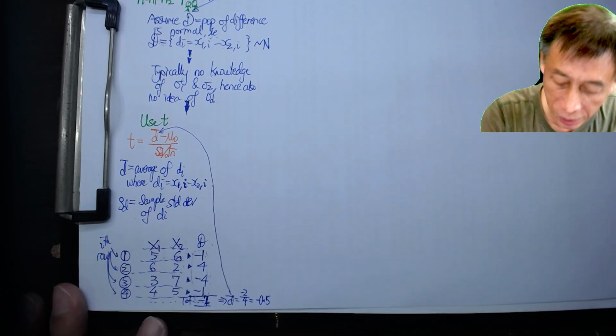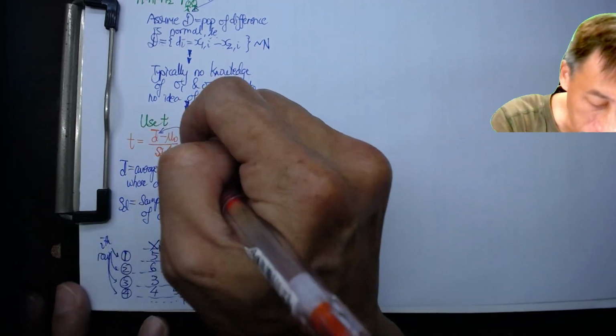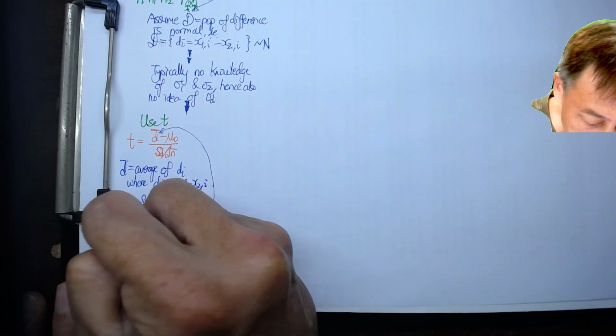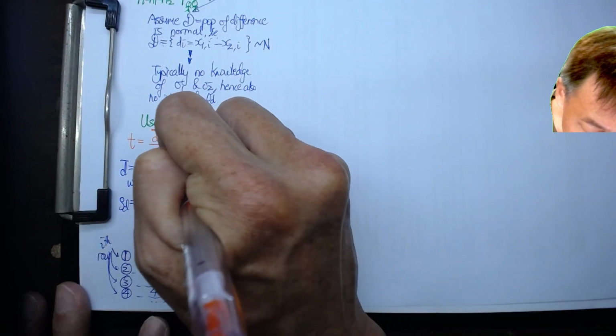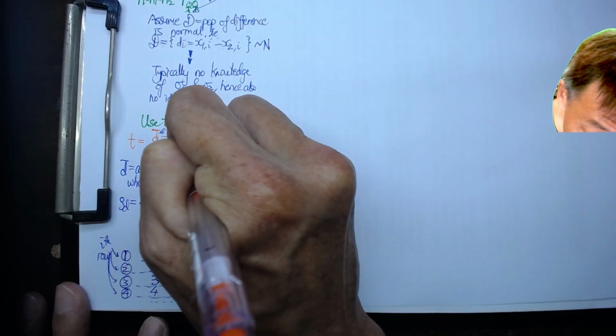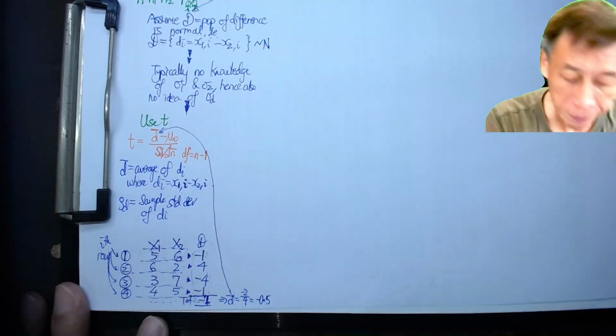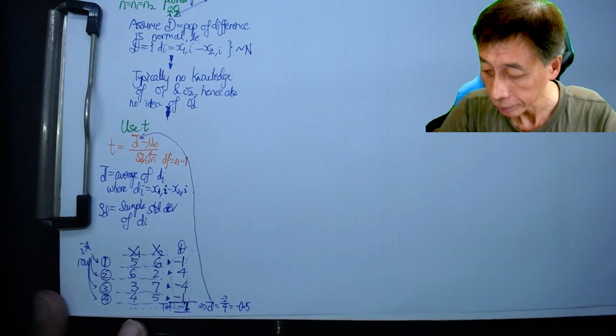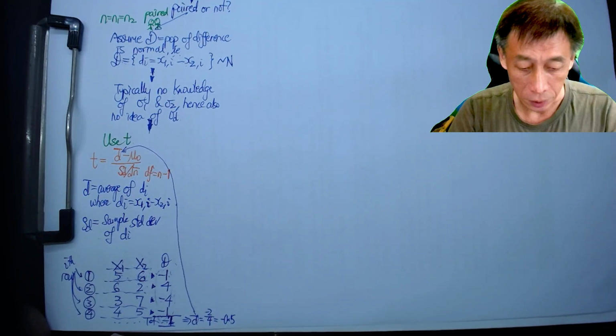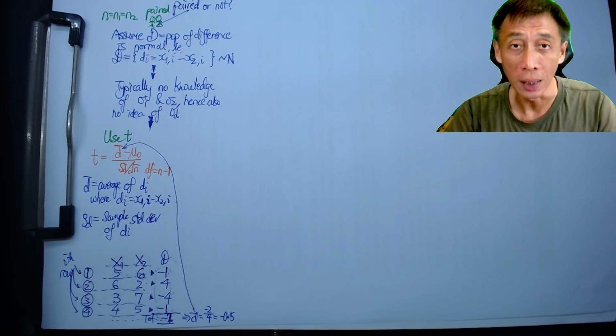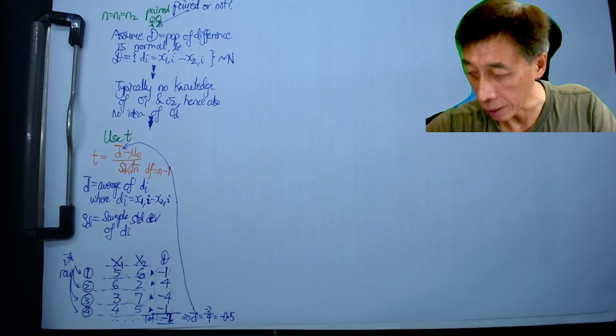And t, of course, comes with degree of freedom. Let's not forget the degree of freedom is going to be n minus 1. Okay, that's easy enough because it's almost like a one population means test.